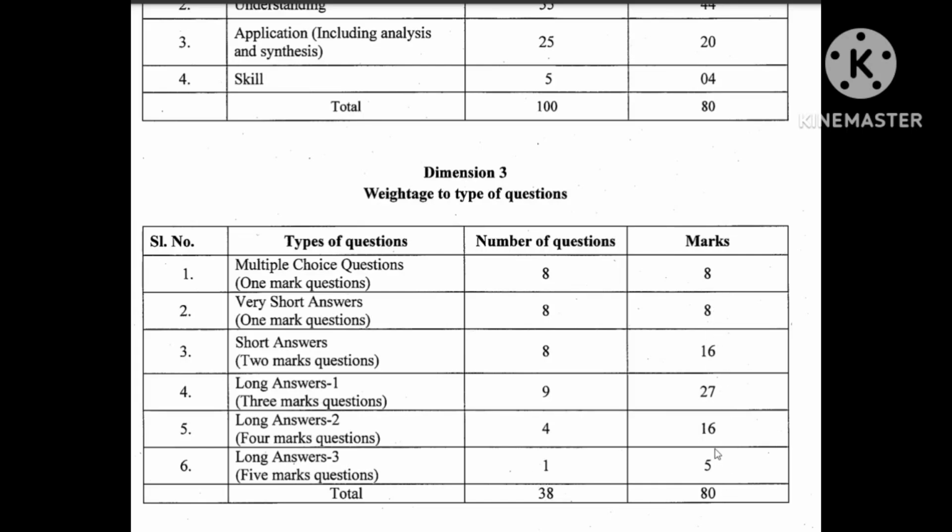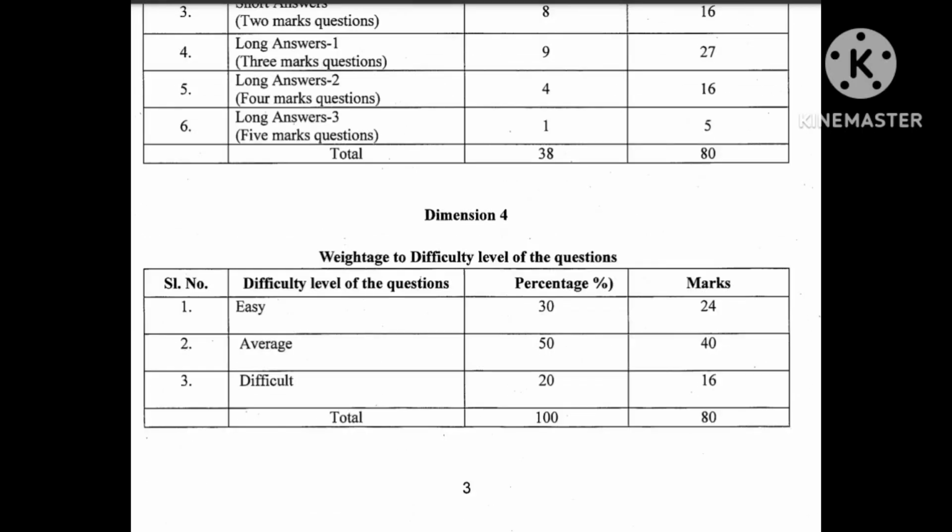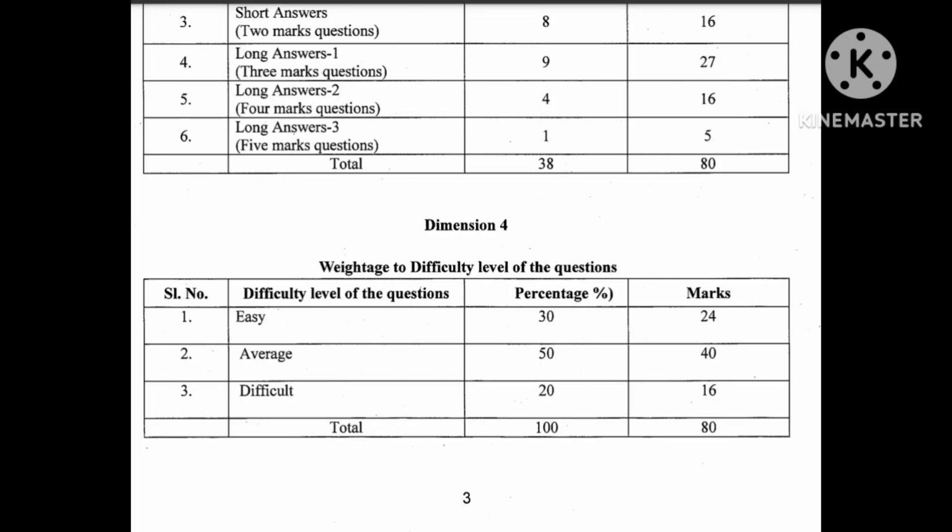So this is the dimension 3 analysis, that is the weightage of types of questions. Next you have the weightage to difficulty level of questions. Easy type questions, you're going to get 24 marks. This is very important for you because these 24 marks will probably fetch you near about passing marks.